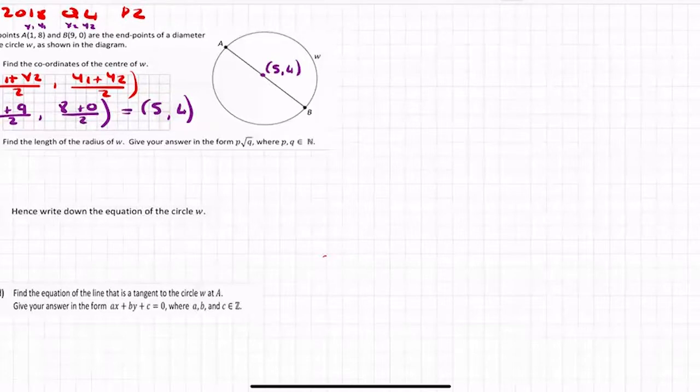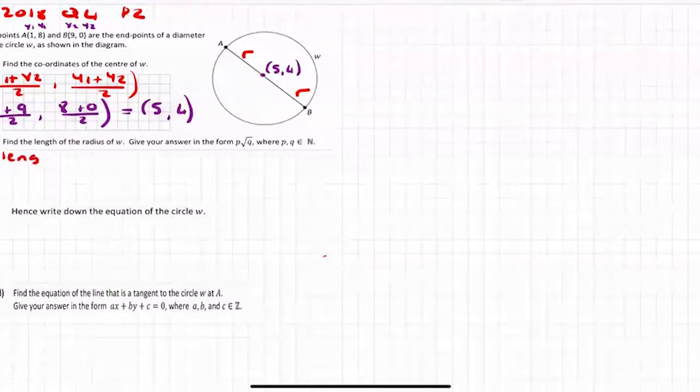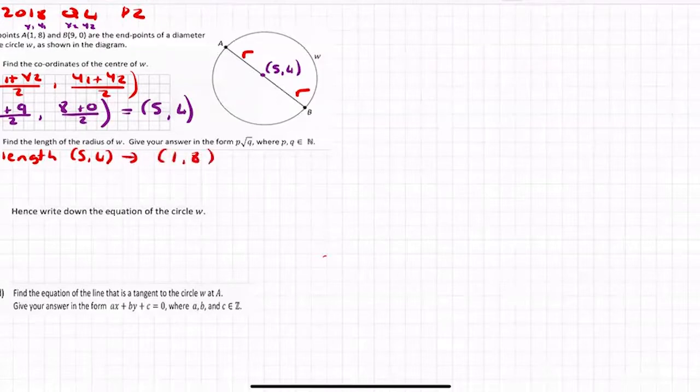So that's the radius, or that's the radius. They're both radii. So for the length of it, you could go from the length of (5, 4) out to A, which is (1, 8). Or of course you could go the length of (5, 4) out to (9, 0).